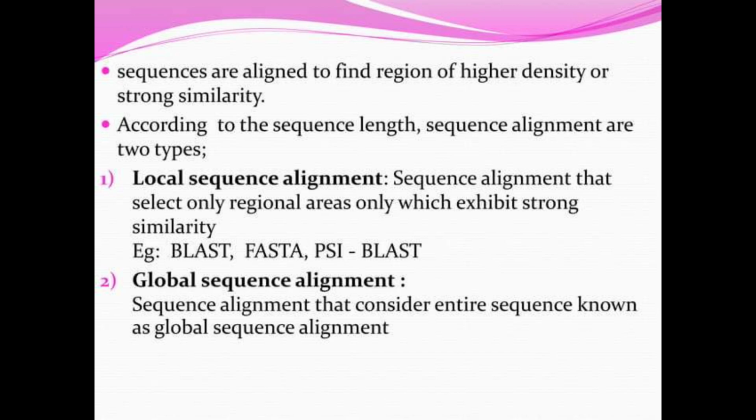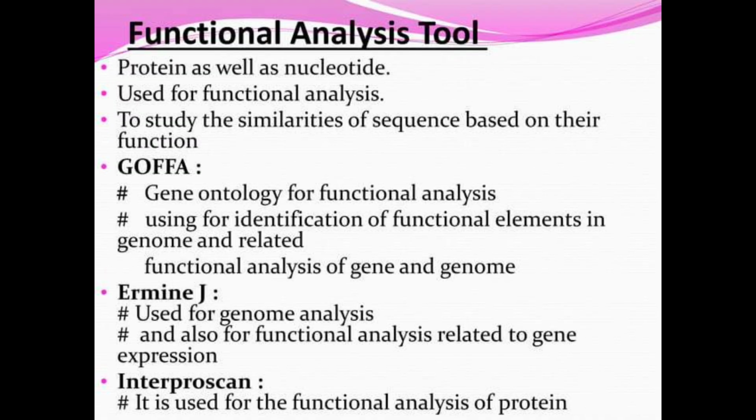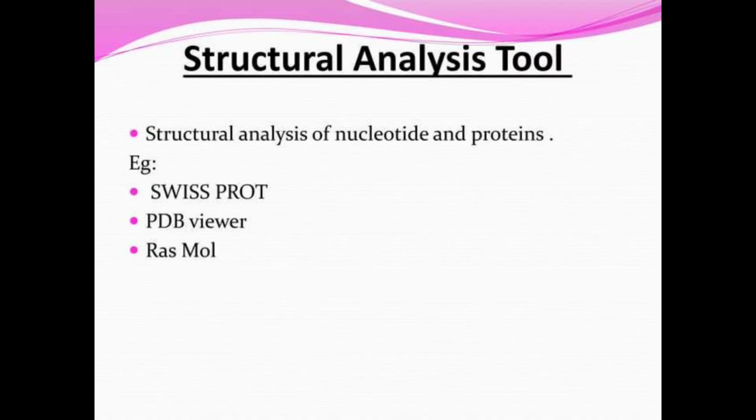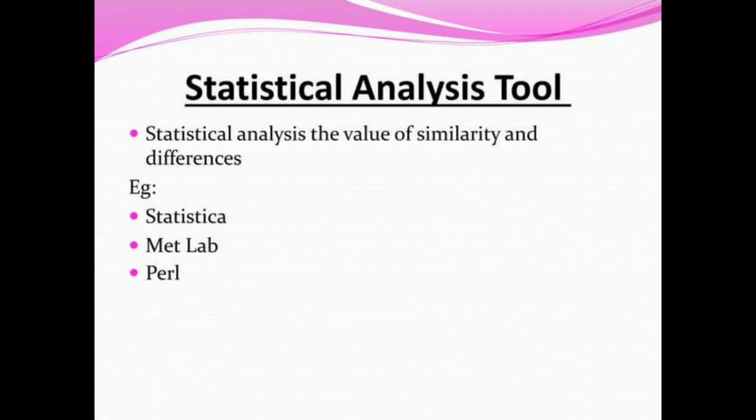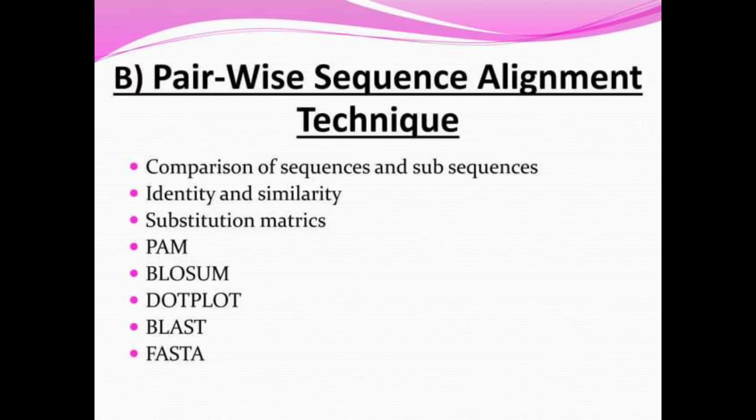Local sequence alignment is done by BLAST, FASTA; for global sequence alignment there are other tools. That includes GAP, Needle, and others. Structural analysis of nucleotides and proteins is done by SwissProt, PDB viewer, and RASMOL. Statistical analysis tools to find similarities and differences can be done by Statistica, MATLAB, and Perl.